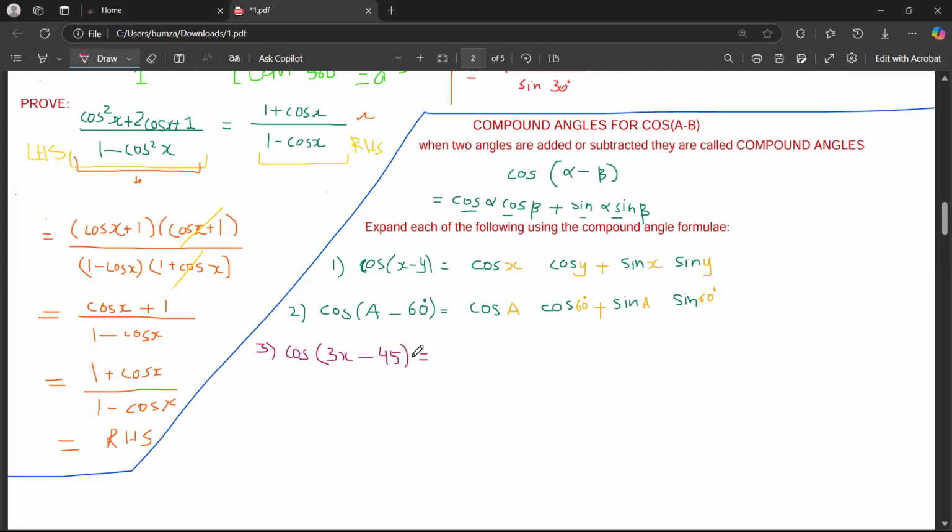Yes, try this for me, Awami. Give me the expanded form of this compound angle using the compound angle formula.